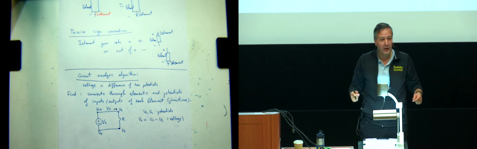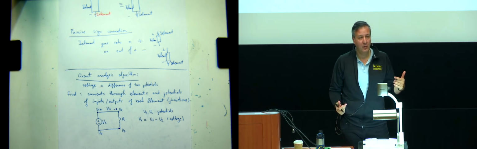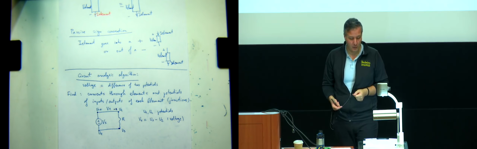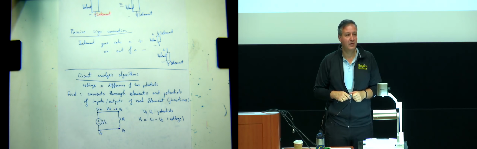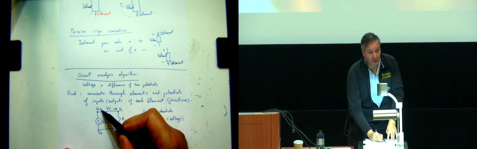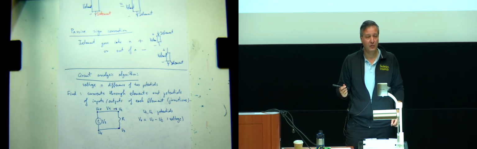And if V1 is my element voltage, how does I1, which is the element current, have to look? In which direction does it flow? From U1 to U2 or from U2 to U1? Plus is here. So by passive sign convention, how does it go? 1 to 2, right?